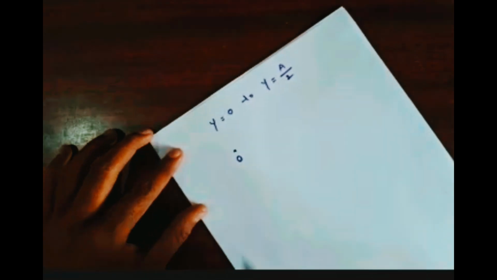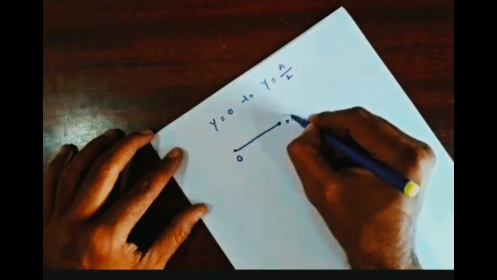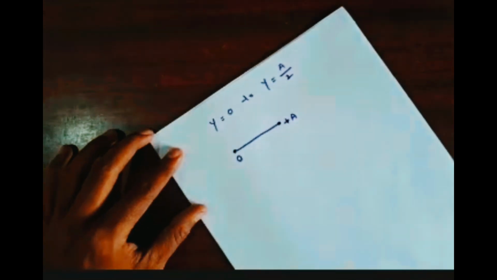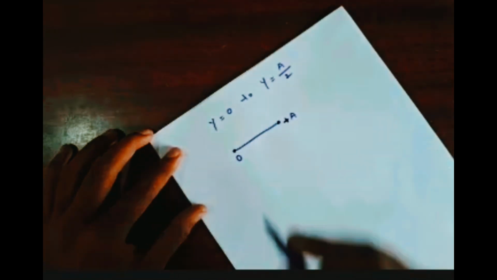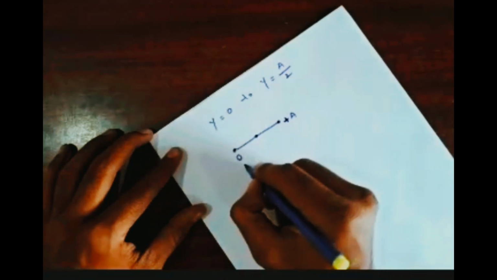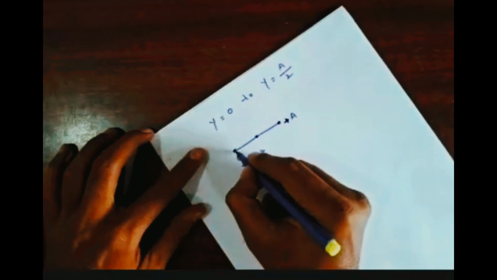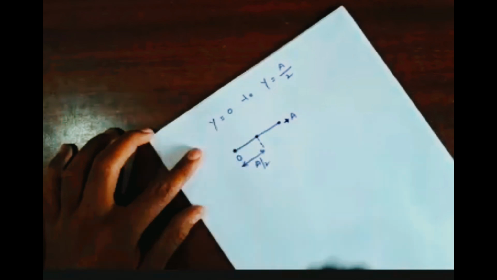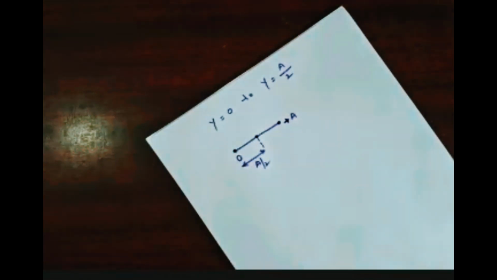Observe. Try to understand. One end of the extreme position is plus a. And now, in this half the distance, a by 2, from 0 to a by 2, for traveling from 0 to a by 2, how much time is taken by the particle?